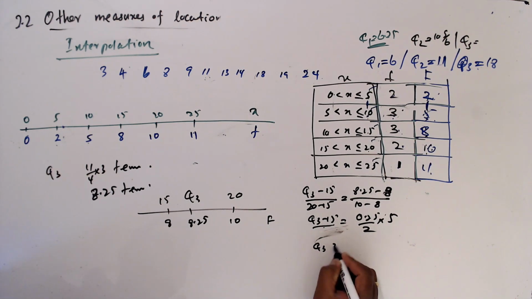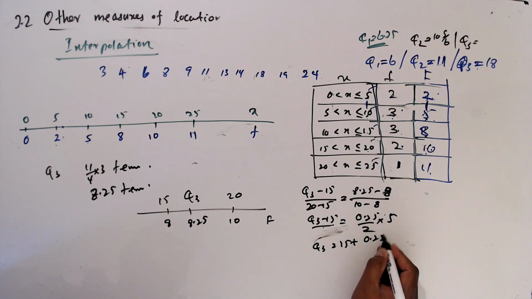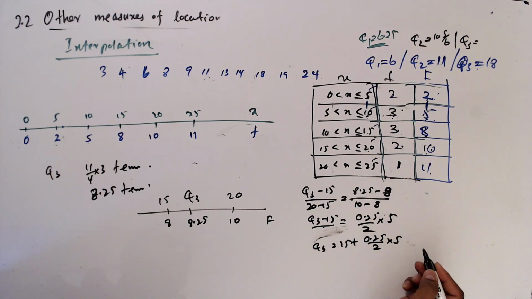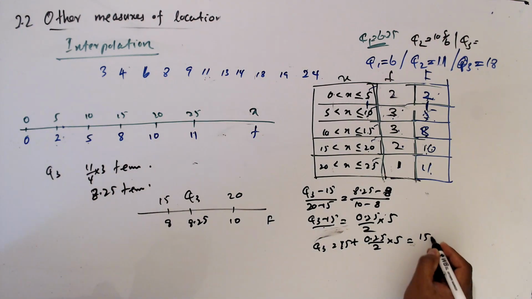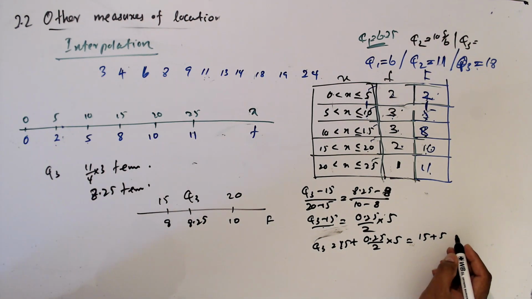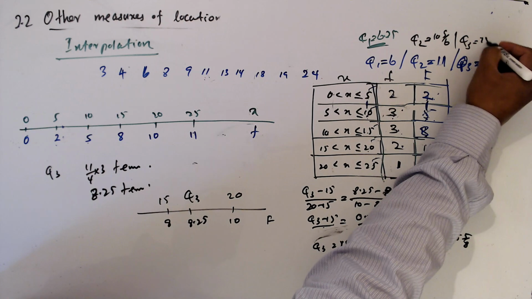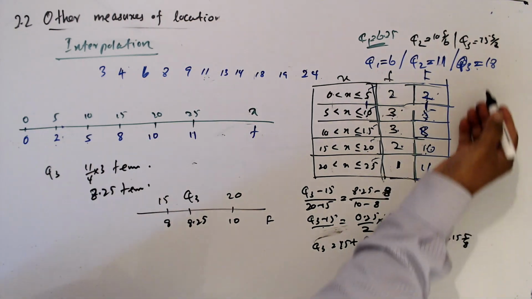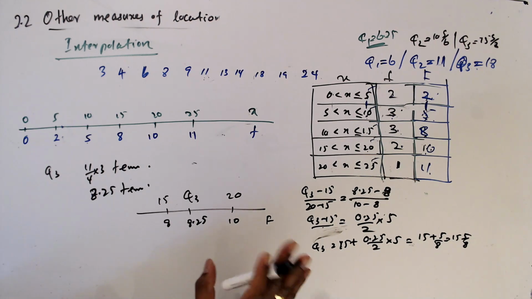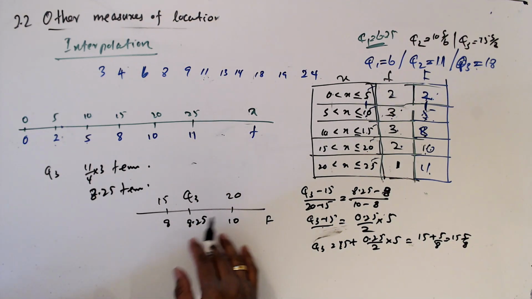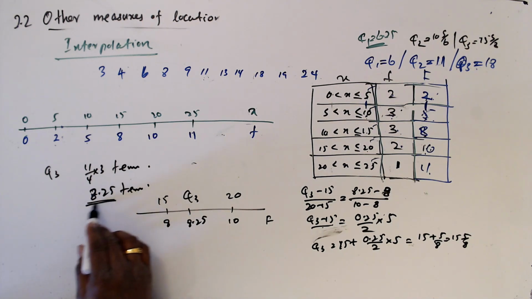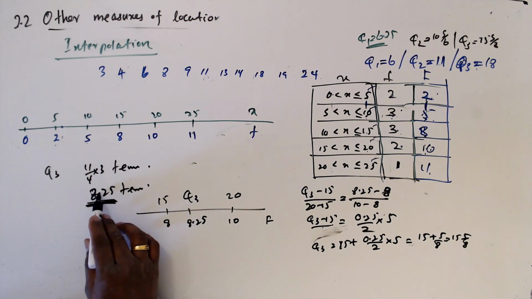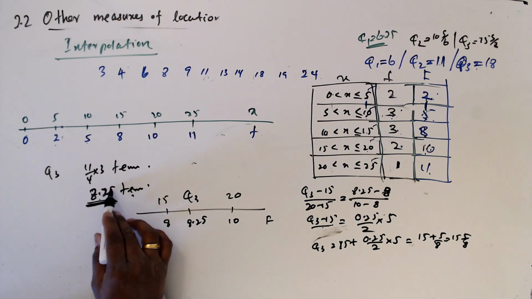Then Q3 equals 15 plus 0.25 over 2 times 5. So this is 15 plus 5 over 8, so 15 5 over 8. Earlier it was 18. So that's how the same sum works with the interpolation. When we work with the interpolation, we can find the exact term value, 8.25.